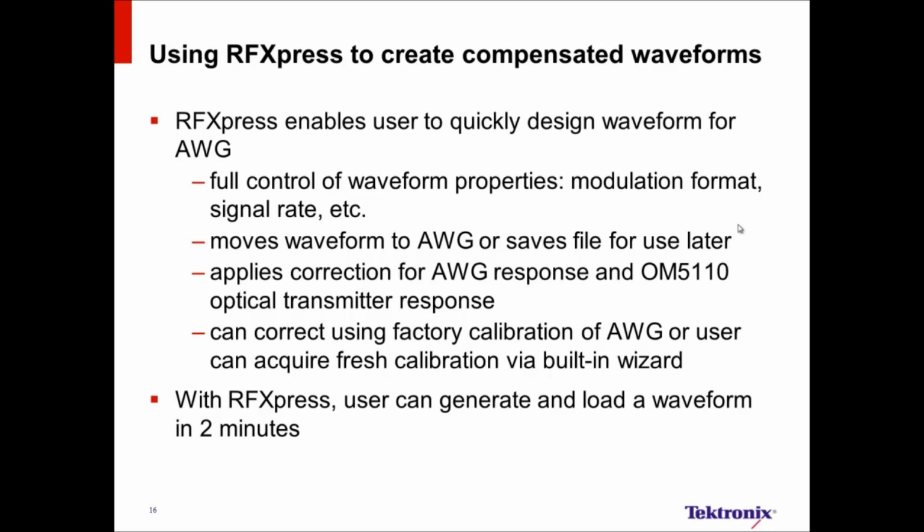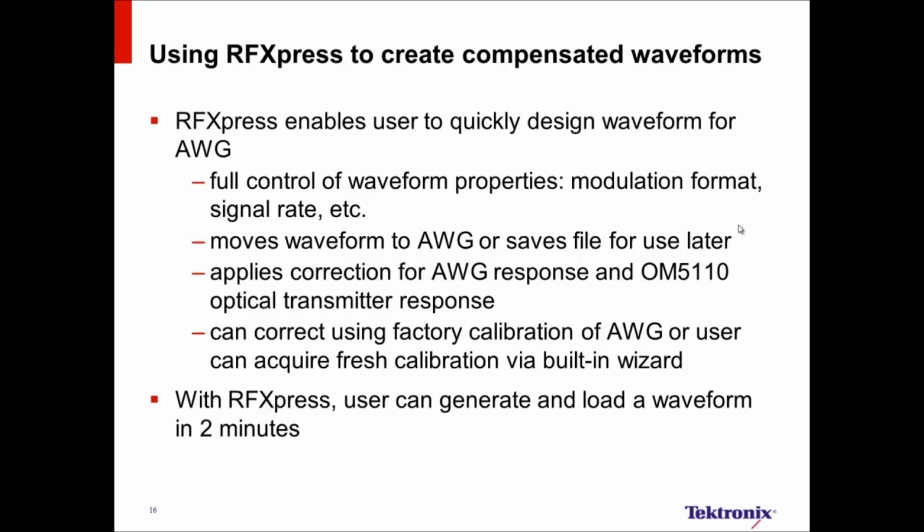So I talked a little bit about RFXpress, and RFXpress allows us to not only create the waveforms, but then to compensate the waveforms so that we can get the best response. So we get basically full control of the formats, as I said earlier, and the signal rates and the symbol rates, and it will automatically compile the waveform and then move it into the AWG so that you don't have to transfer the waveforms manually.